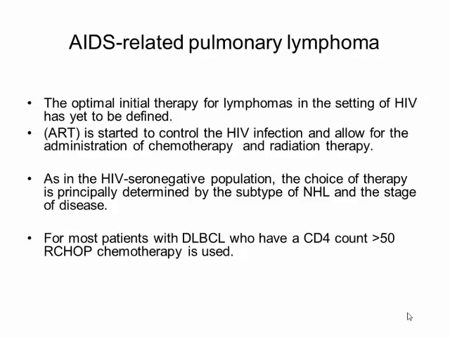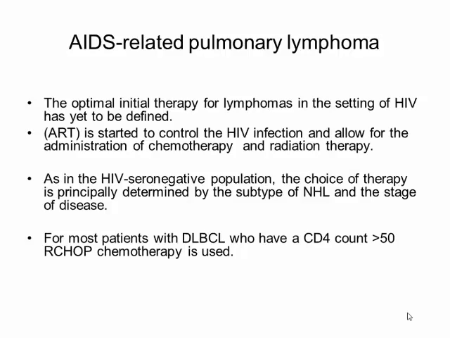The optimal therapy is not well known, but a couple of points here. The antiretroviral therapy does not improve the lymphoma, but gets the patient in a better immunological state to withstand chemotherapy. In the HIV seronegative population, you know that the choice of chemotherapy is determined by the type of non-Hodgkin's lymphoma.